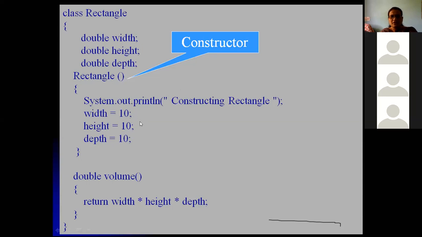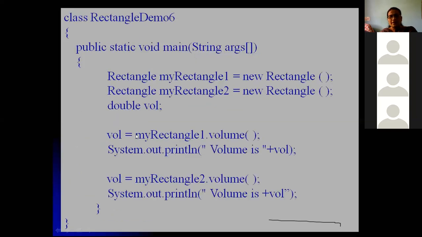Okay, that is one thing. In this default constructor we have one function. This is also a method and this is also a method, but the constructor is not returning anything, whereas volume returns a double as its return type. In the main function we have created two different objects, indicating that two different object spaces will be there.